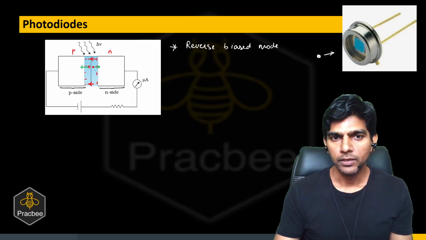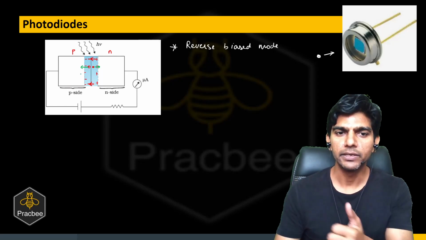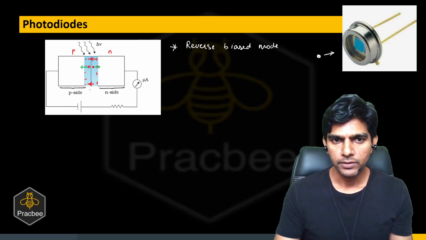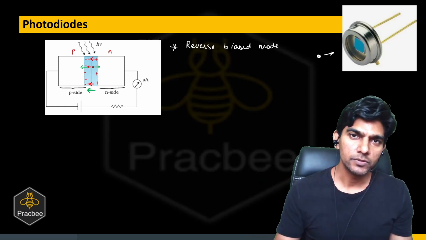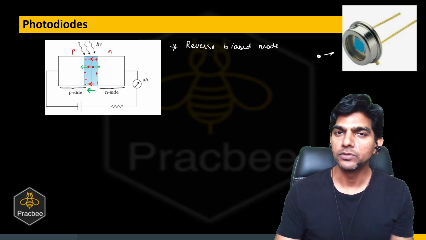Can you see? So the current due to this will be in the left direction, and this current is just like a reverse biasing current. So it will increase the reverse biasing current if more photons are incident.